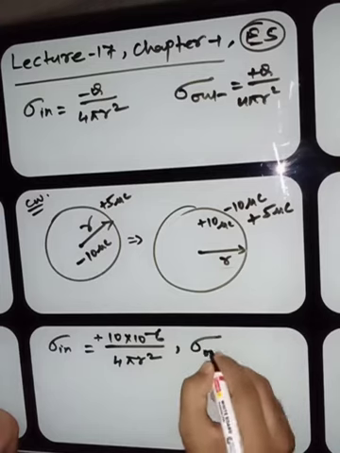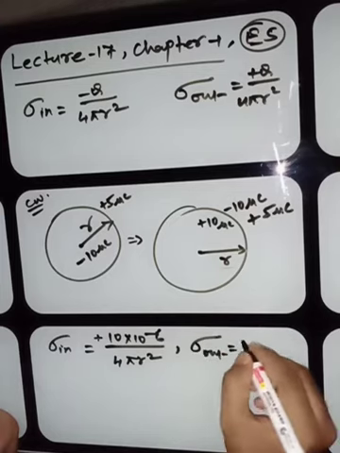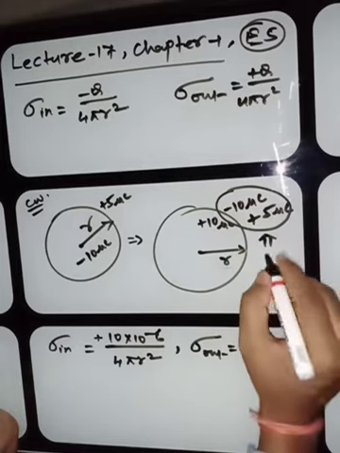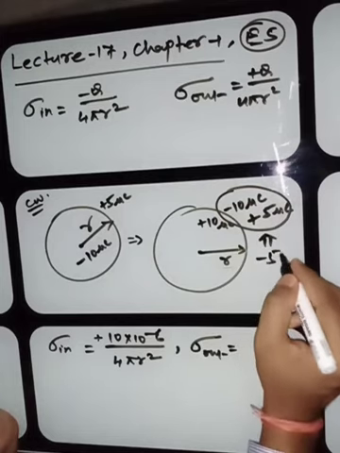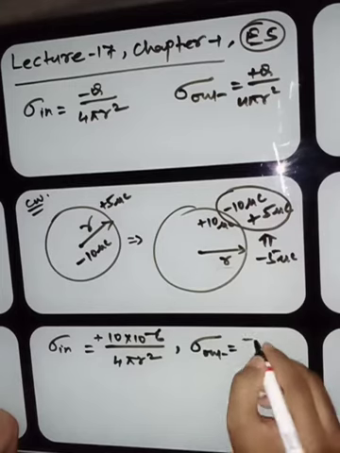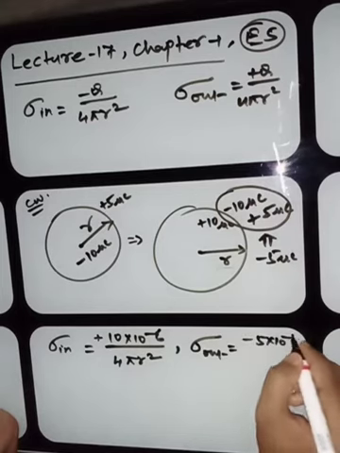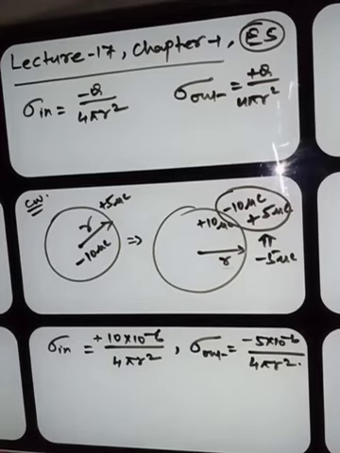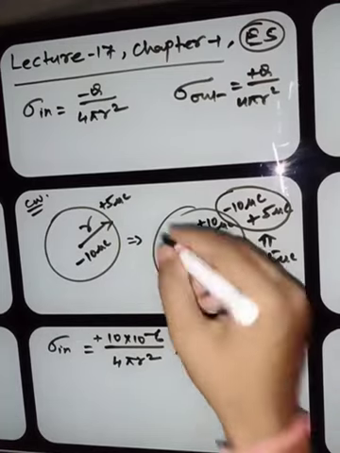And sigma out: how much total charge will be over here? It will be minus 5 microcoulomb over the same area 4 pi r square. Okay student, so this is the answer.